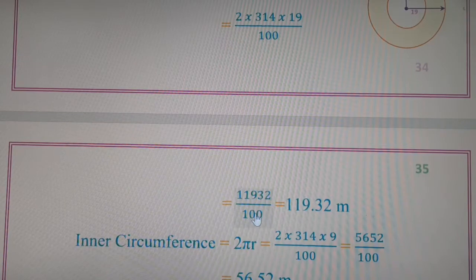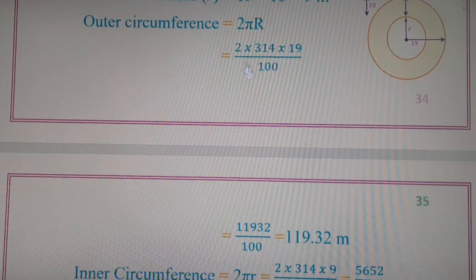There are 2 zeros in 100, so after 2 digits from the right side, we count and put the decimal point. After 2 digits, that means between 9 and 3, the decimal point will be there. So 119.32 meter will be the circumference of the outer circle.